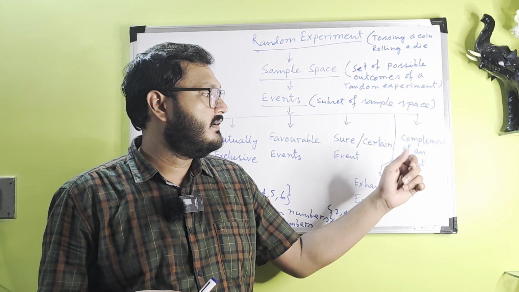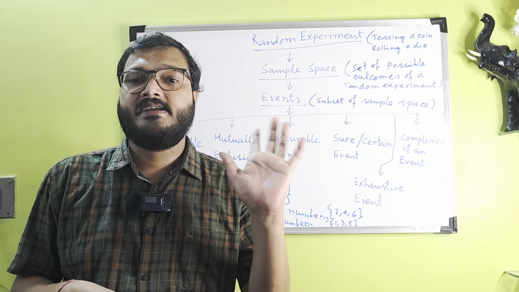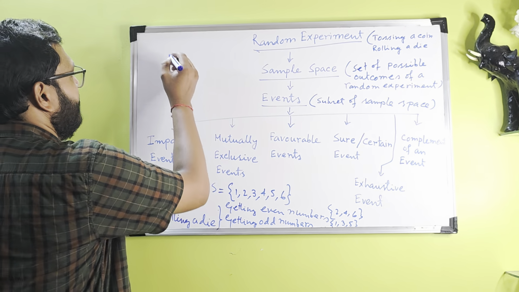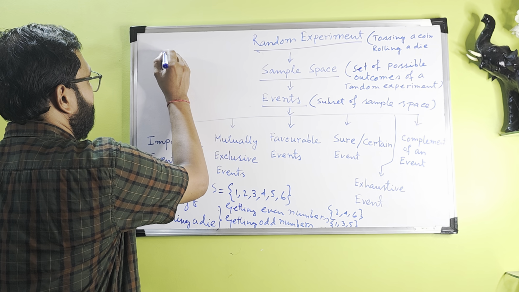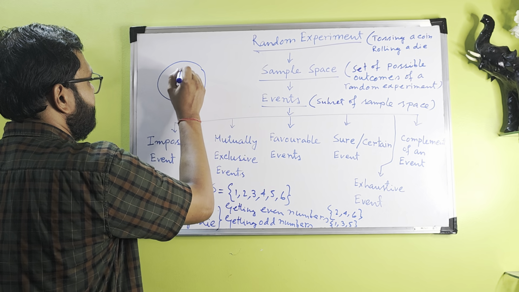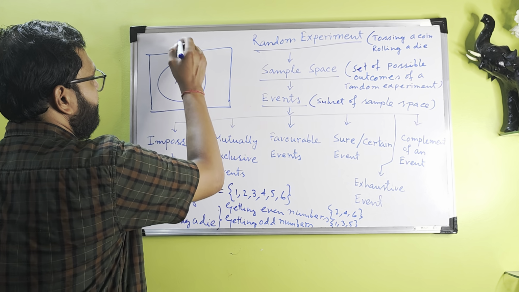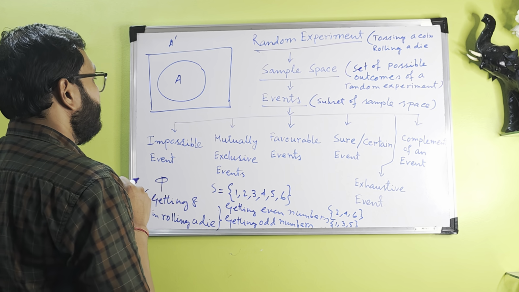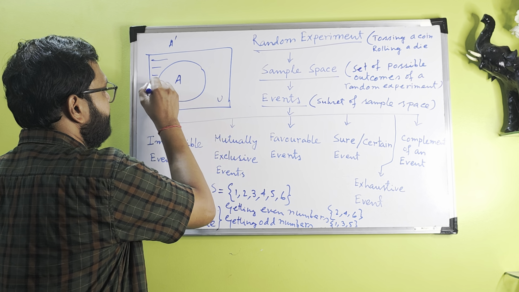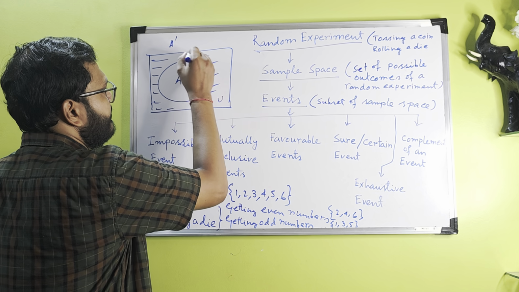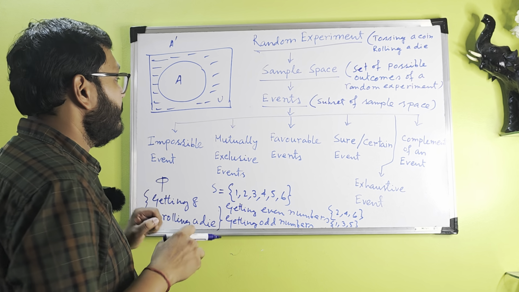Now come to complement of an event. Here also the same concept as sets. Come to the set first. Complementary set. This is a set A. Its complement is A dash. Where is A dash? Except A. Those which are here form the complement of the set.